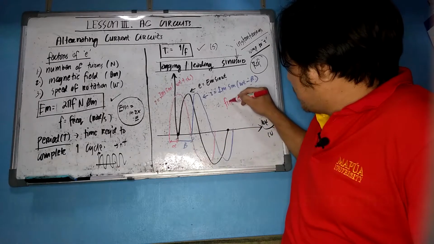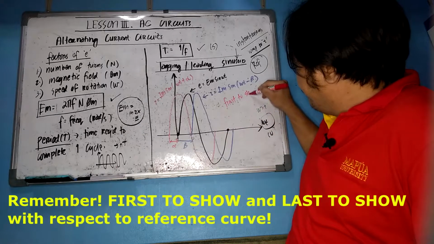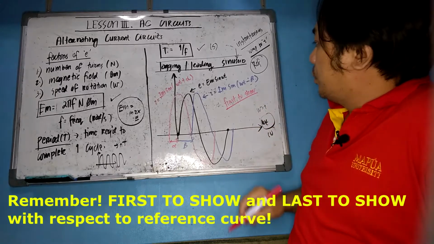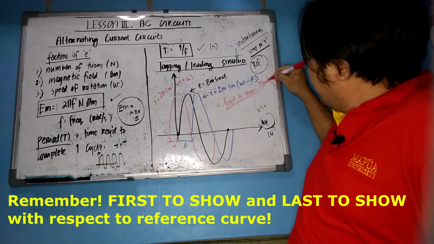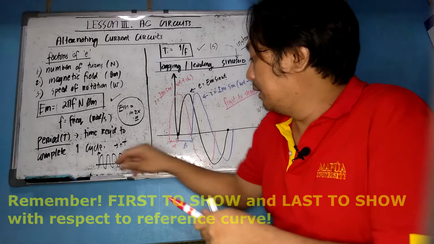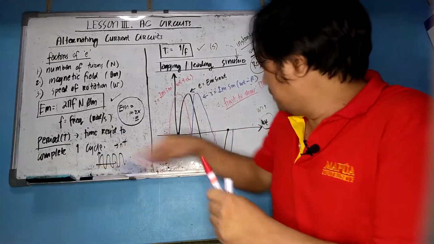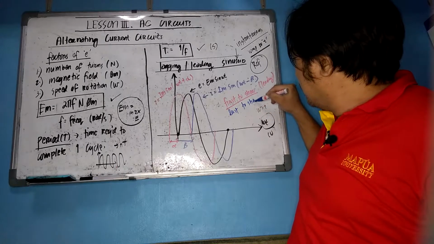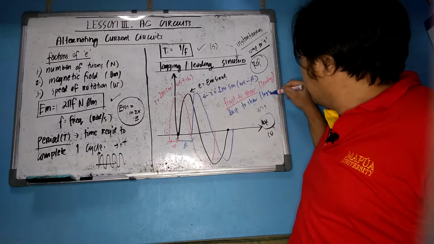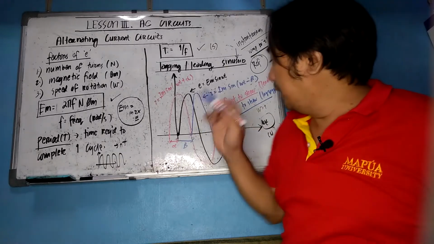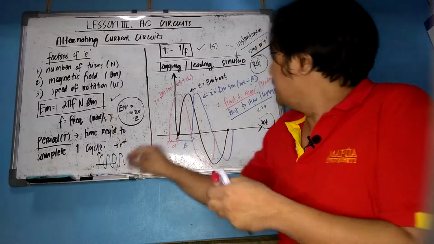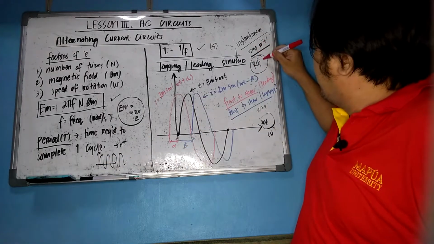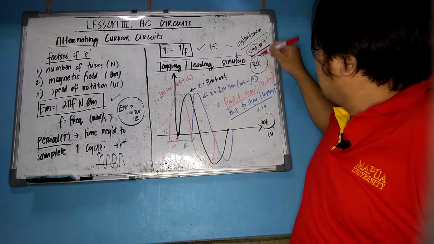When you say first to show, it is leading, and if last to show, it means lagging. And please take note, all of this is with respect to a certain reference.